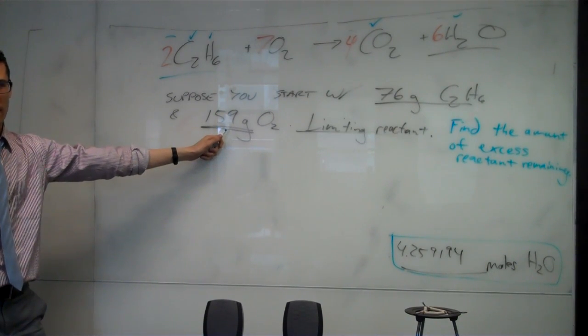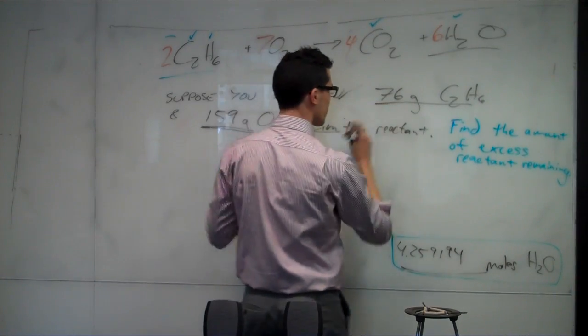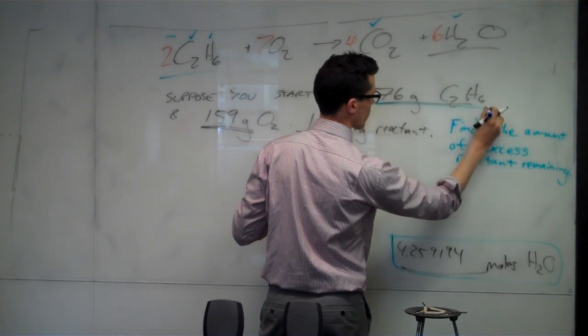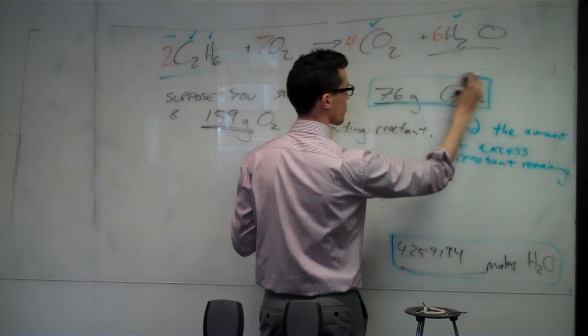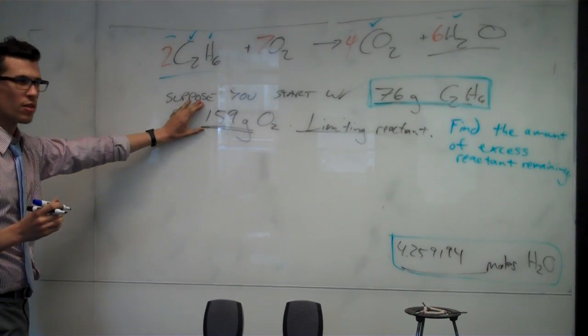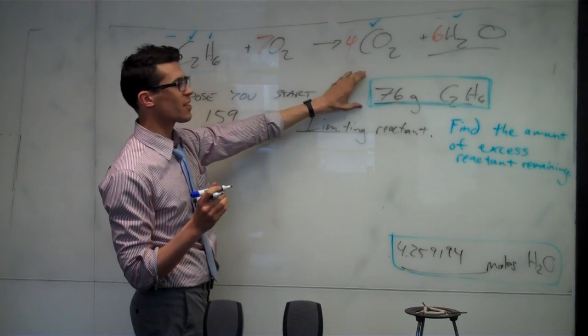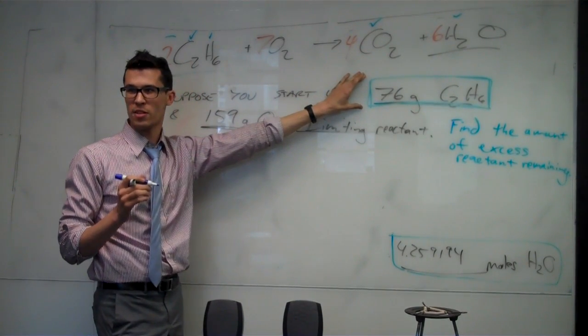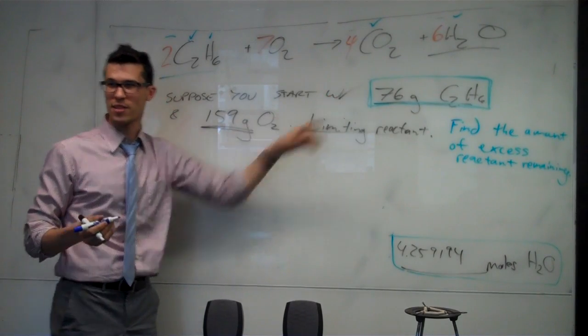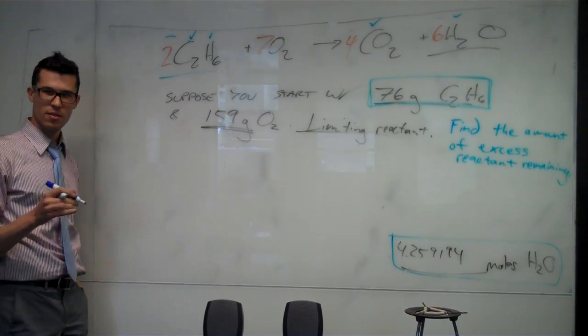So now I want to calculate how much of this is extra. Because we've used all of this up in our reaction, and that's what our product is. But I want to count how much of this is extra. So how many grams of this is left over? That's our excess reagent. Kind of with me? Make sense?